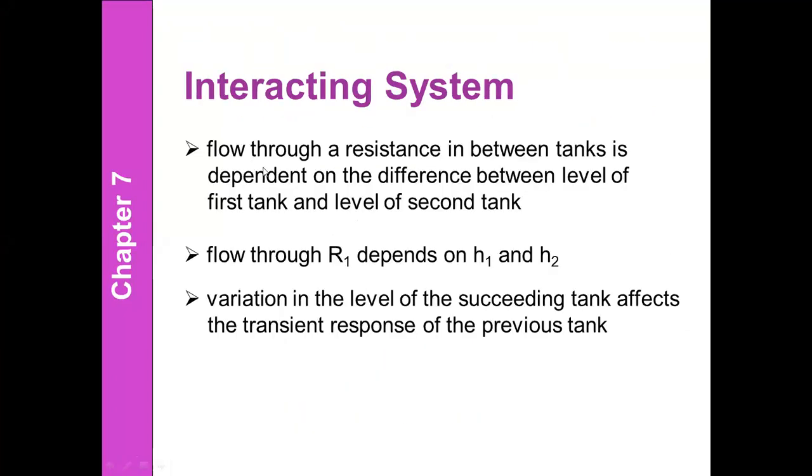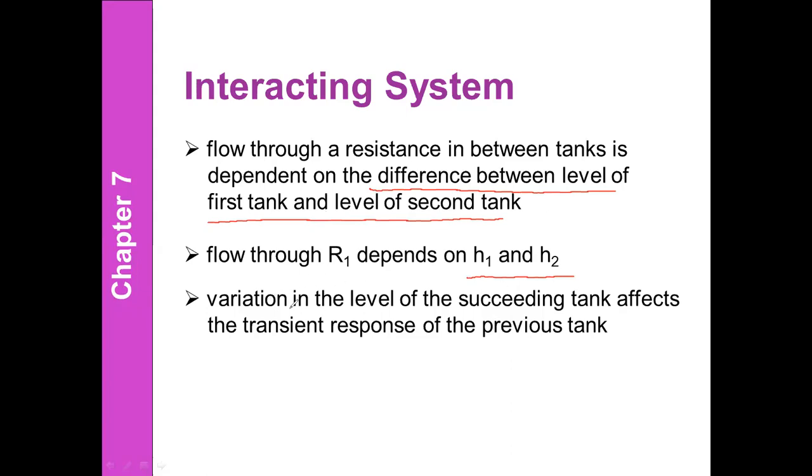This time, the flow through a resistance in between tanks is dependent on the difference of the level of the first tank and the level of the second tank. So flow through the first linear resistance now depends on both H1 and H2. So unlike the previous, wherein the level of the previous tank is not affected by the changes in the level of the next tank, this one it does.